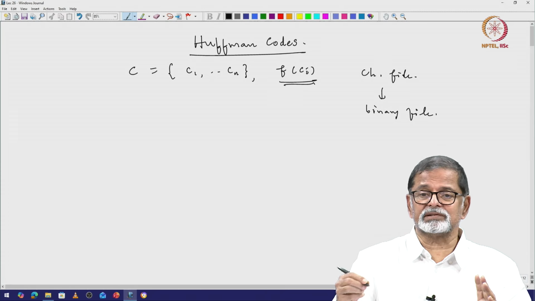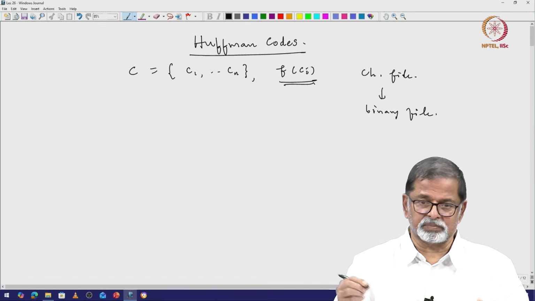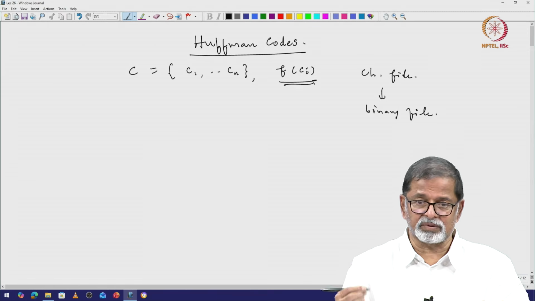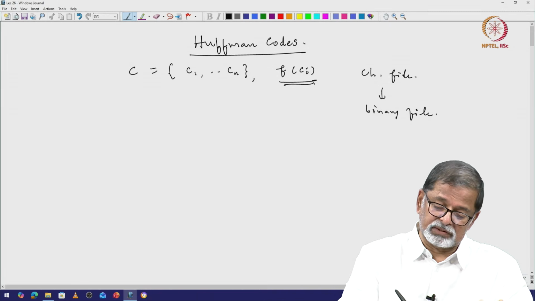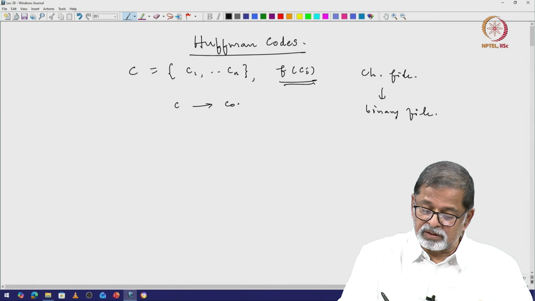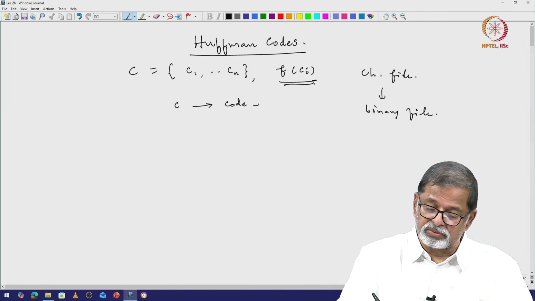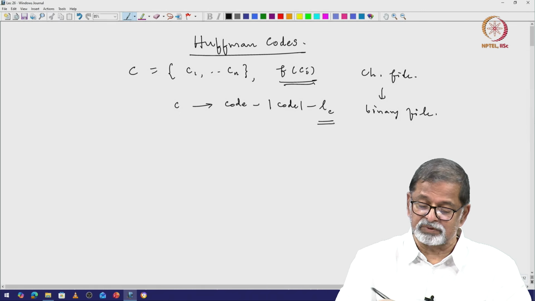Now I want the size of my binary file to be as small as possible. That is a minimization problem. Each character C has a corresponding code, whose size is denoted by L of C, the length of the code.